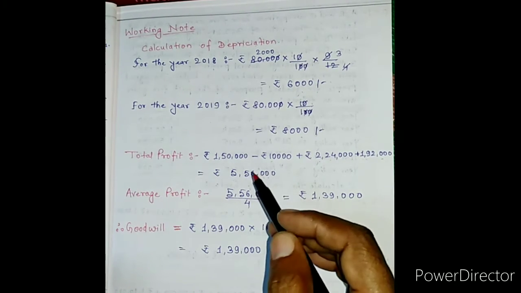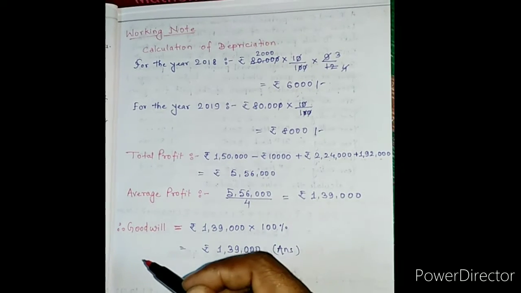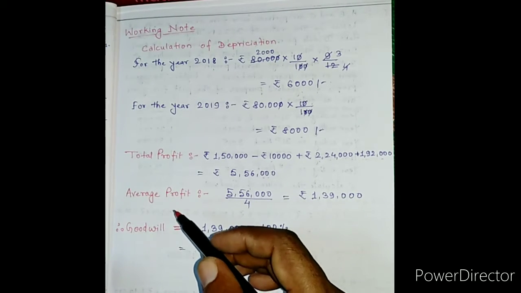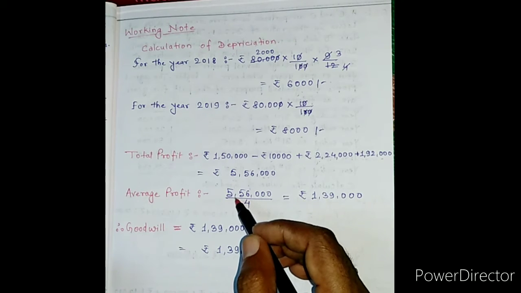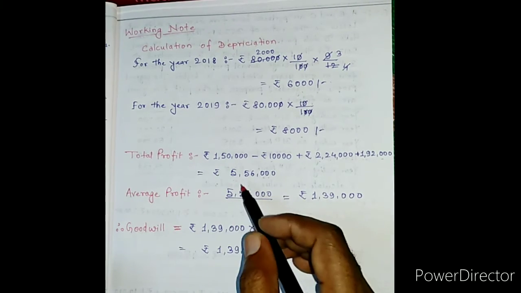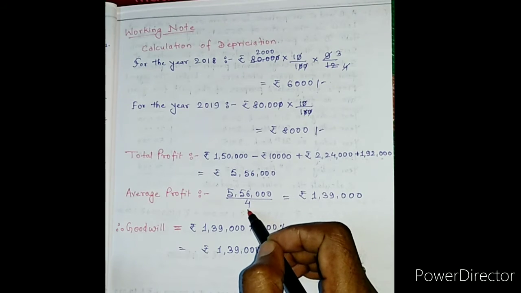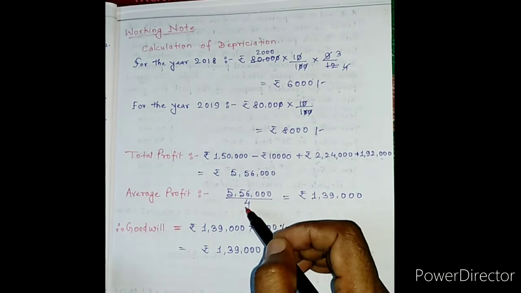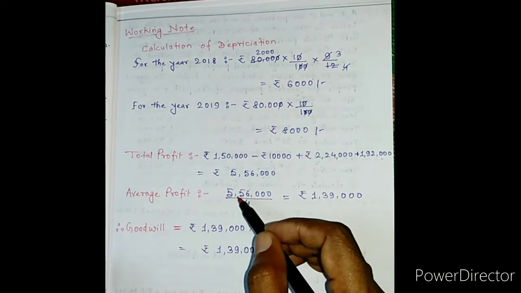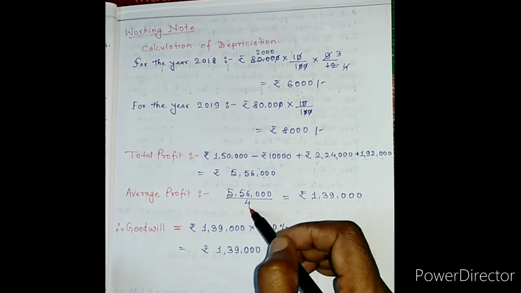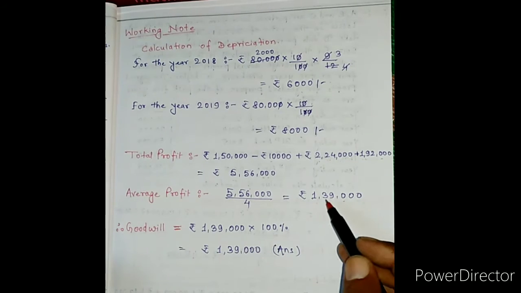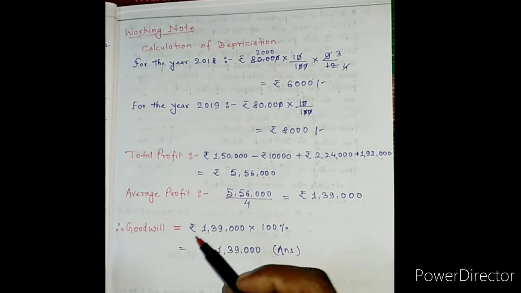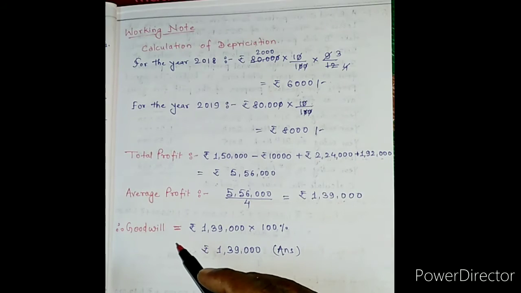Now we have to find average profit. In the previous question we have seen that average profit is calculated as total profit divided by number of years. So here 4 years profit is given, so you have to divide 5,56,000 by 4. We are getting 1,39,000. Now this 1,39,000 we will use for calculating goodwill.